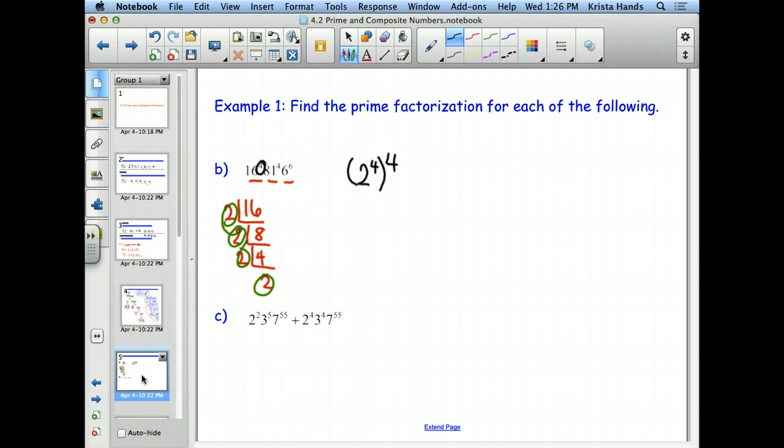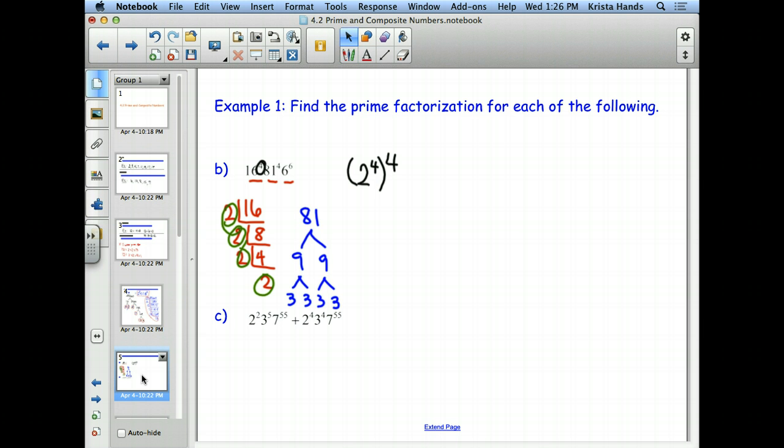Let's do the same thing with 81, but let's do a tree. If I was doing 81 with a tree, likely you would tell me that this breaks down into 9 times 9. And the 9s each break down into 3 times 3. So lo and behold, this is a very beautiful tree because it's all at the bottom together.